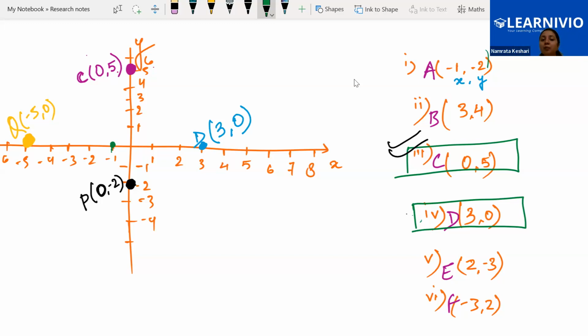Are we going to go in the upward direction or downward direction? Ma'am, down. Since y is -2, we will be going down. From here you can make the dotted line, till the point where y is -2. So here, can you see y is -2? If I remove this point P, then it will be more clear to us.